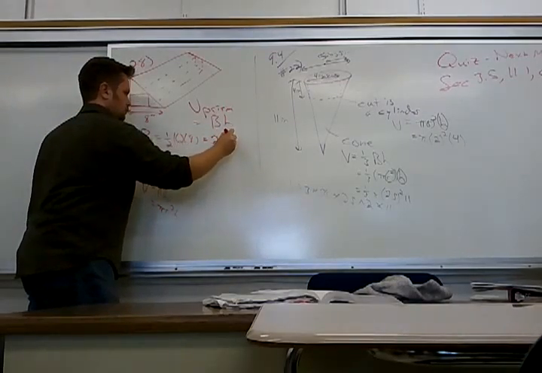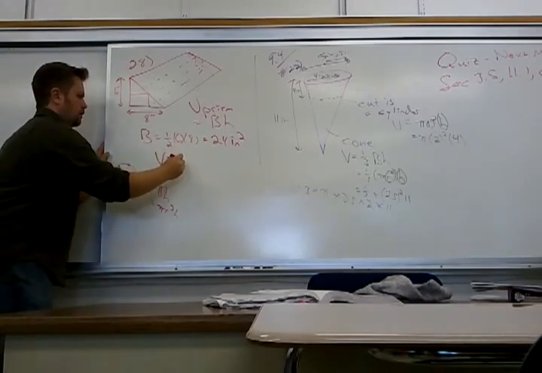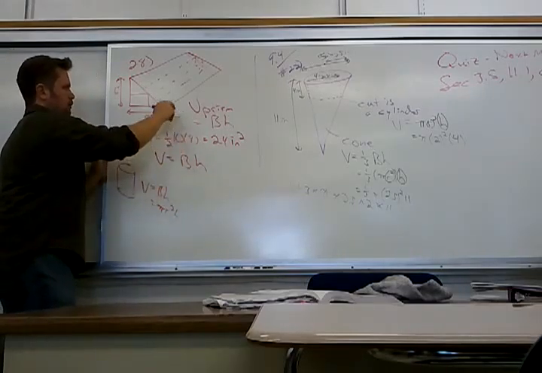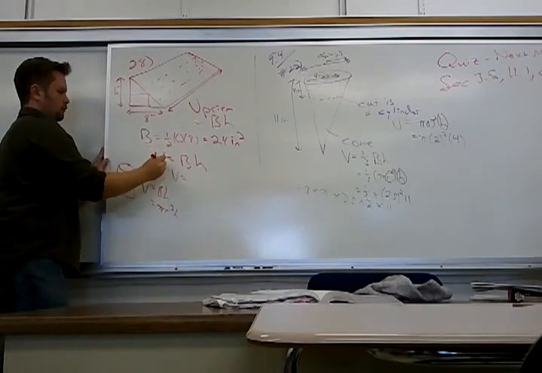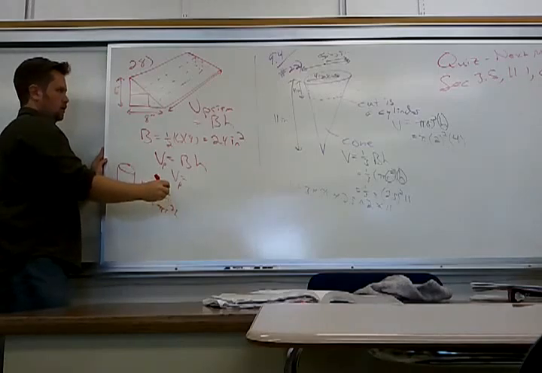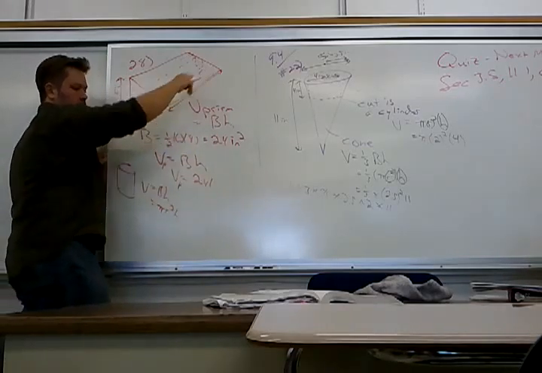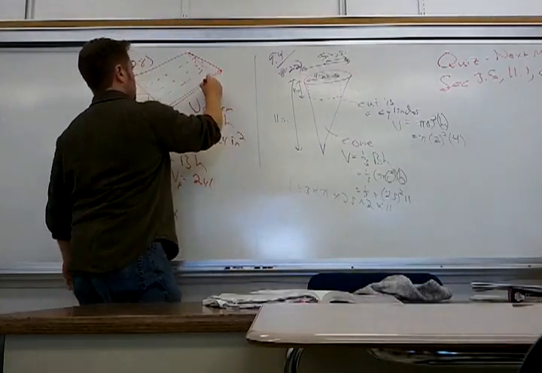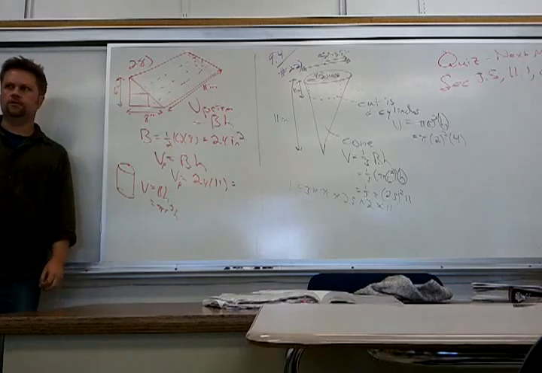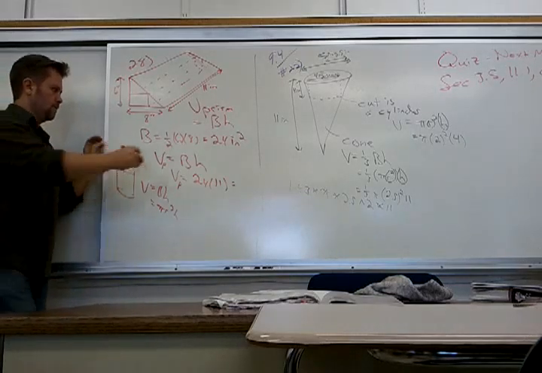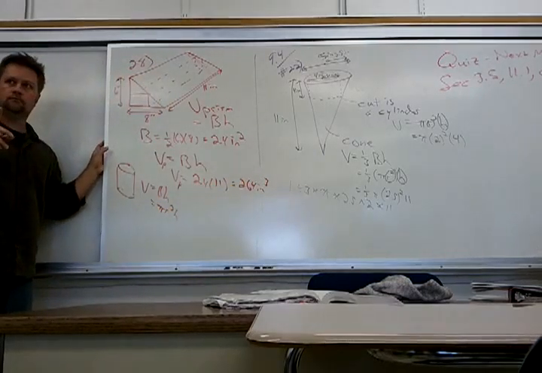Square inches. I love it. Times 11. So the volume of the prism is that big B times the height: 24 for the big B, and the H is 11. I just like saying big B. So 264 inches cubed. That's step 1.